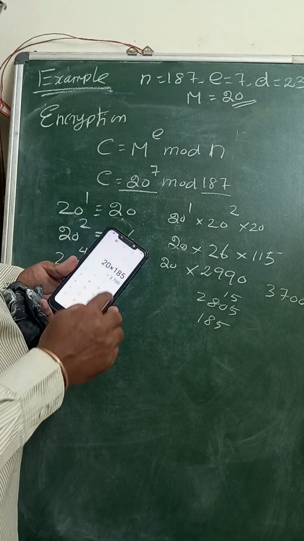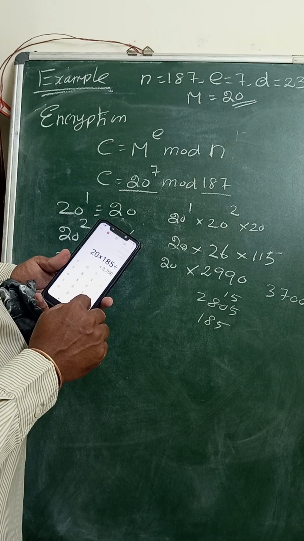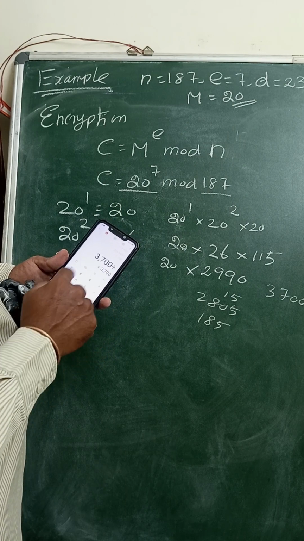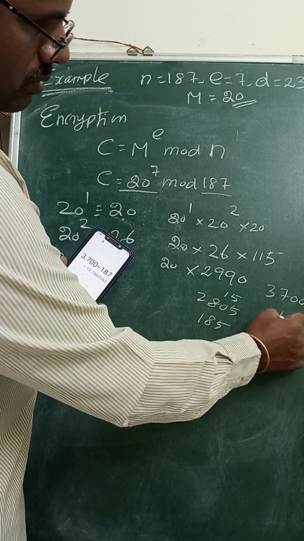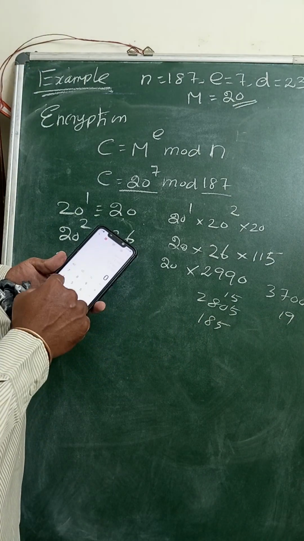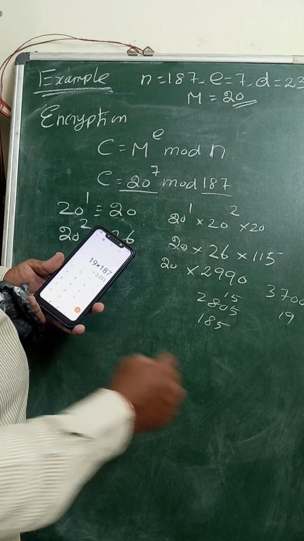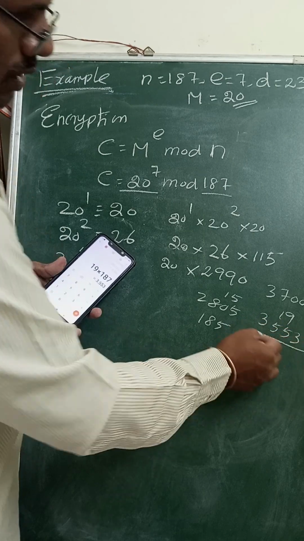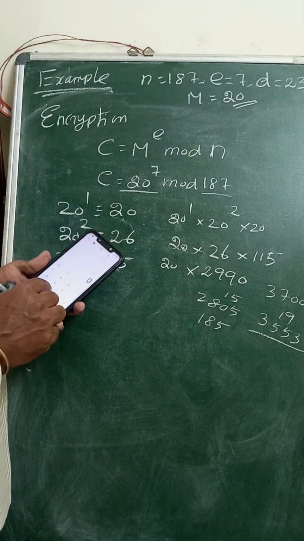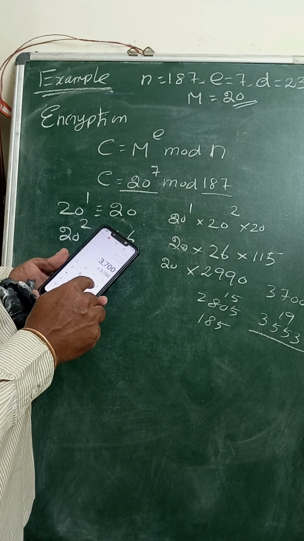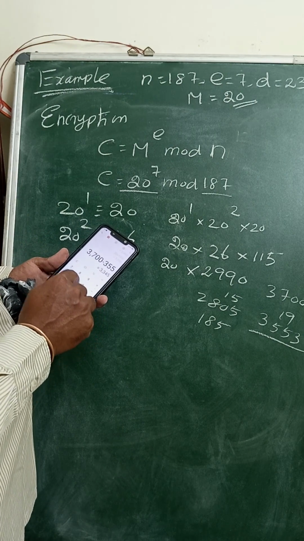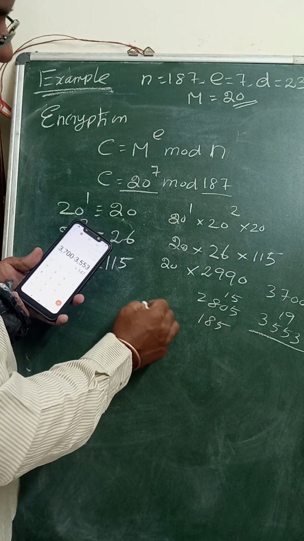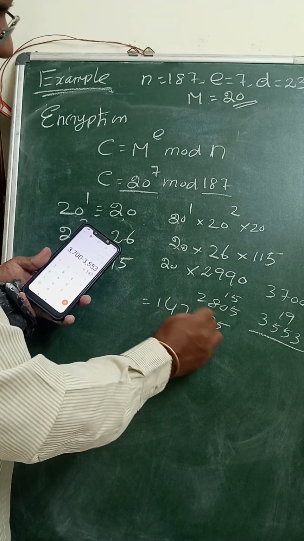Multiply 185 into the 20. So we got the answer 3700 from the entire product. 3700 mod value divisible by 187 we got 19 values. So write the 19 into 187 we write 3553, minus 3700.